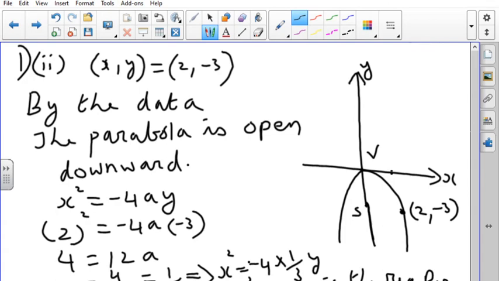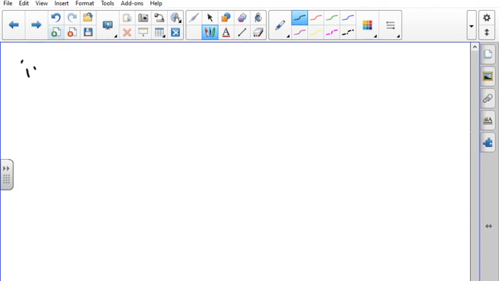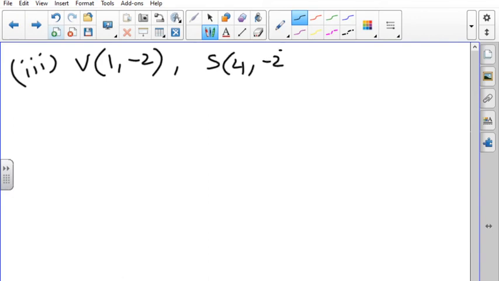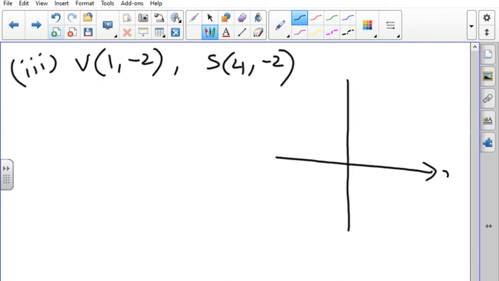Okay, now coming to the next one, third subdivision. Vertex is given as 1 comma minus 2 and focus is 4 comma minus 2. So the diagram is this. So x axis and y axis.